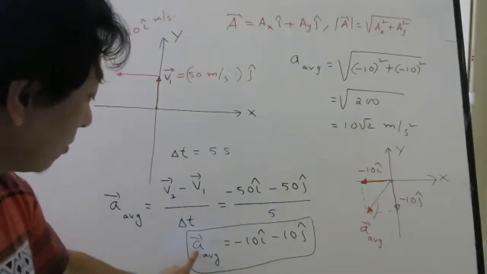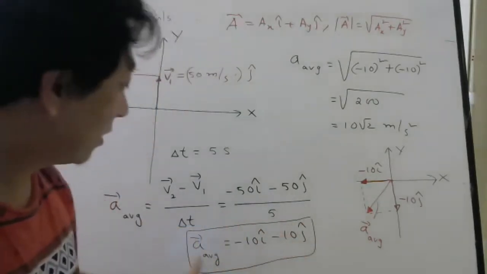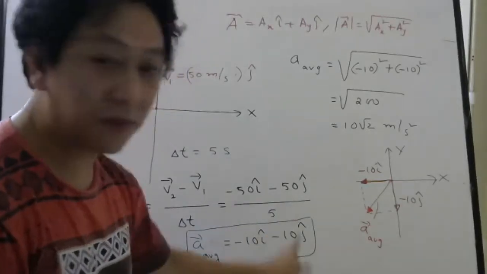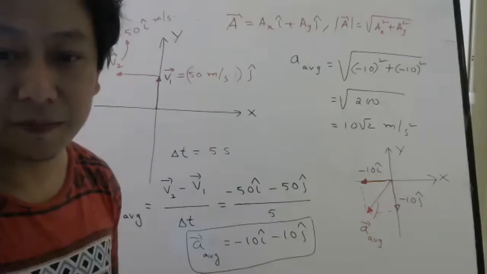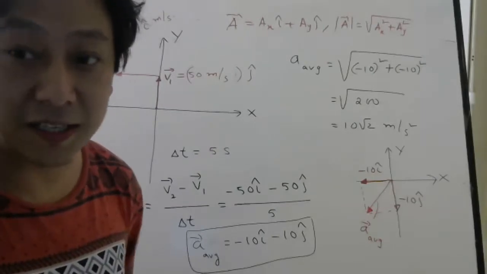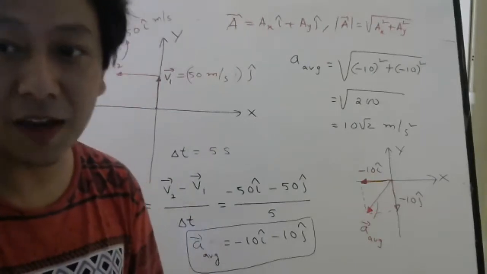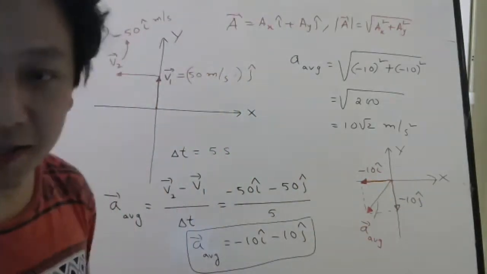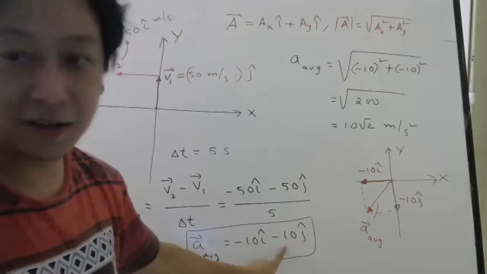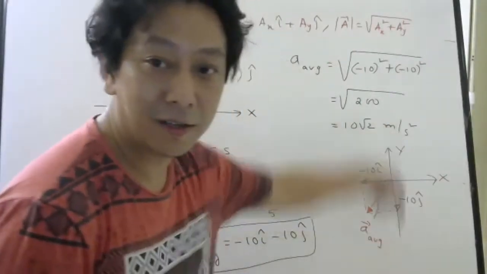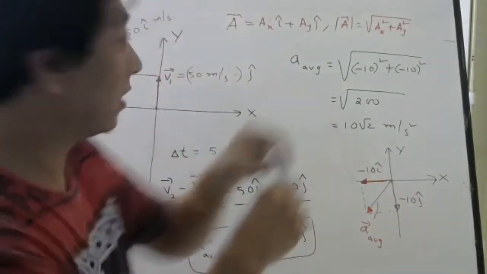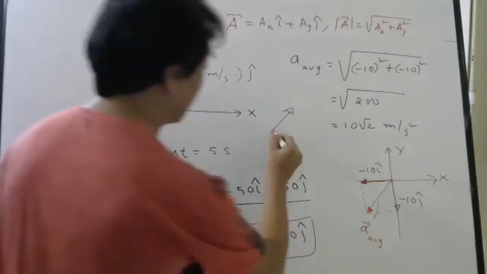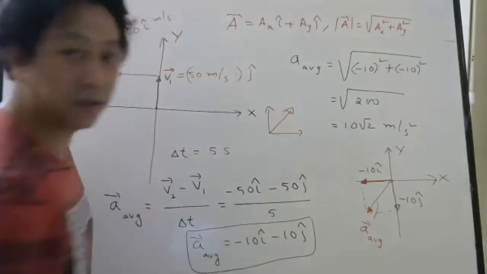Now what is the x component of this vector? Tell me. Magnitude, if I say it is 10, and direction, if I include, it is minus 10 here. Right? Minus 10 this side. What about the y component? That is also minus 10. So if components are here, I hope everybody remembers. If a vector is here, where are the components? Here. Yes or no?